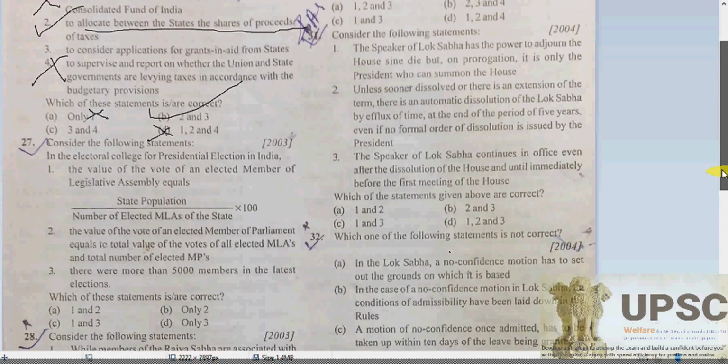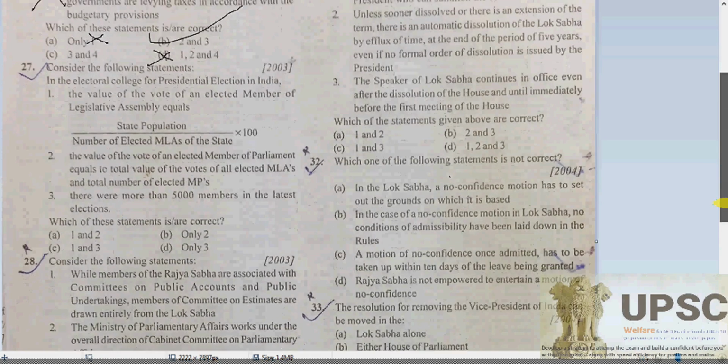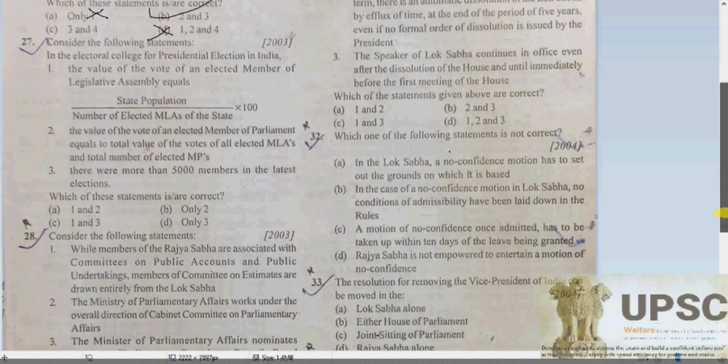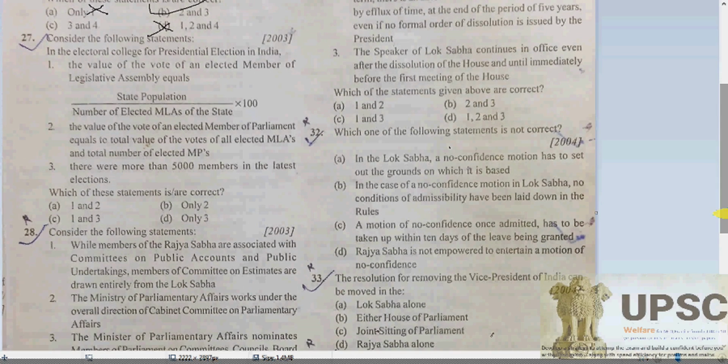So 26 is done, now 27. Consider the following statements on the electoral college for the presidential election in India. The value of the vote of an elected member of the Legislative Assembly equals the state population divided by the number of elected MLAs of the state, into 100.